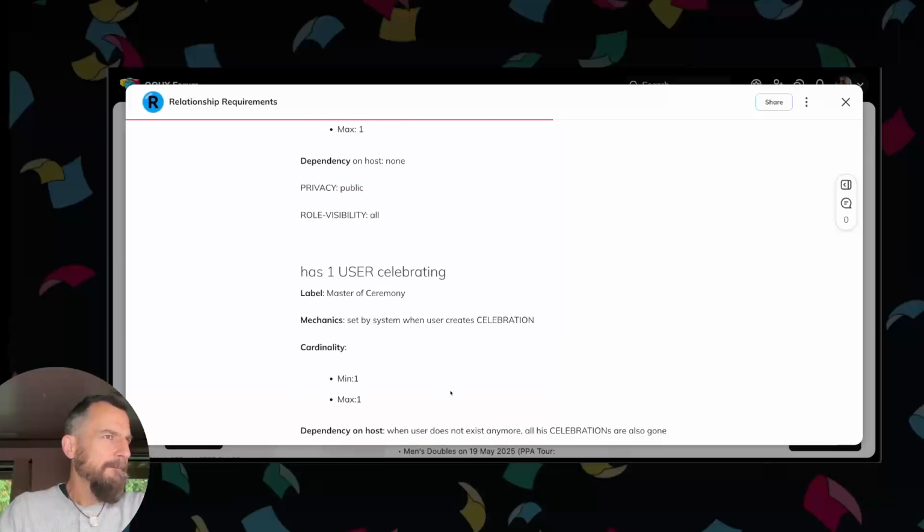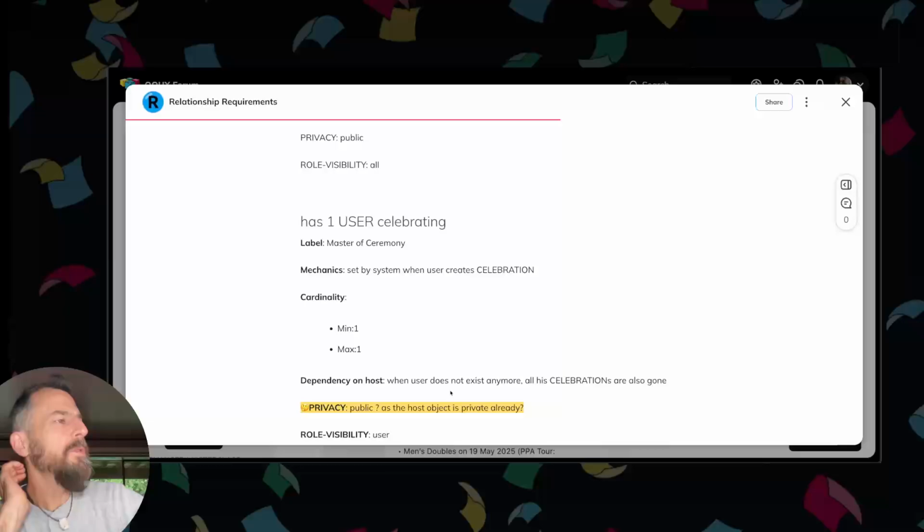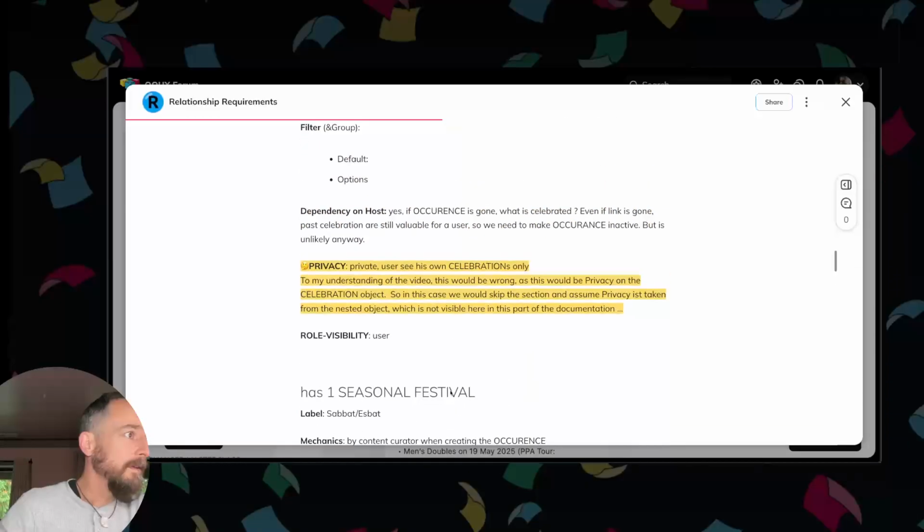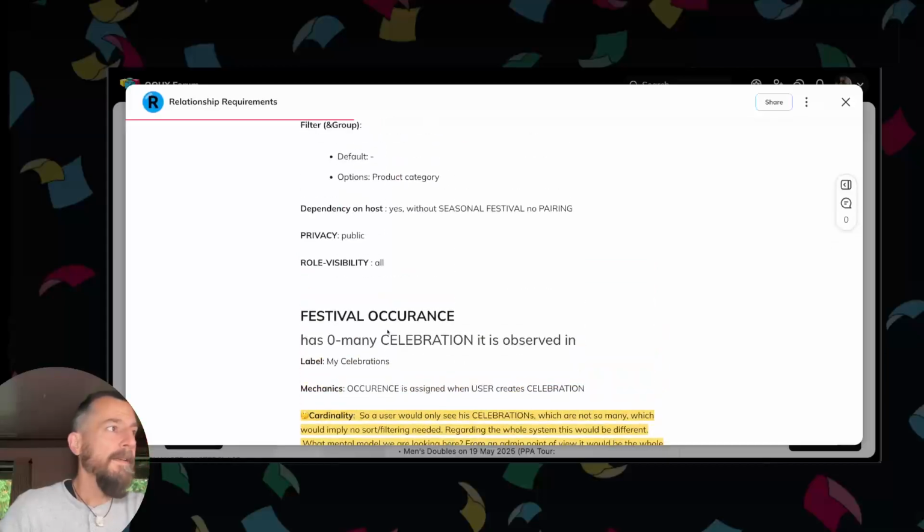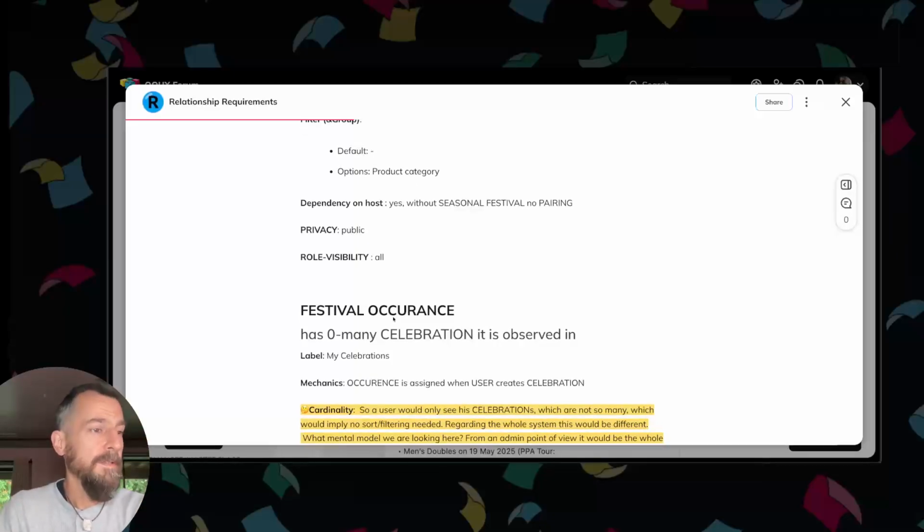User celebrating, right? This might be one of those moments where you might say it's private by default, but could be marked public. Meaning, if somebody goes to the festival occurrence, I can't remember exactly what festival occurrence is.